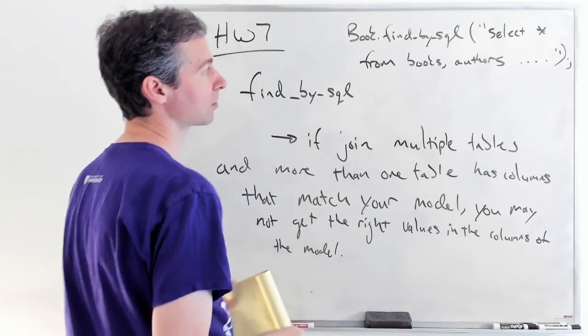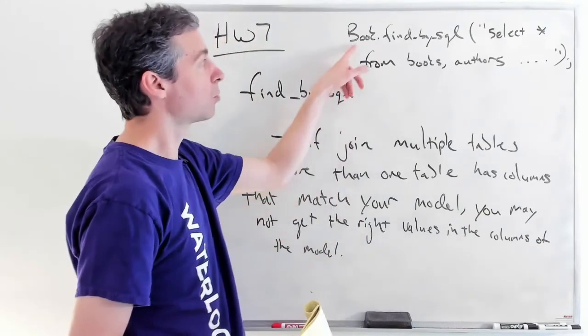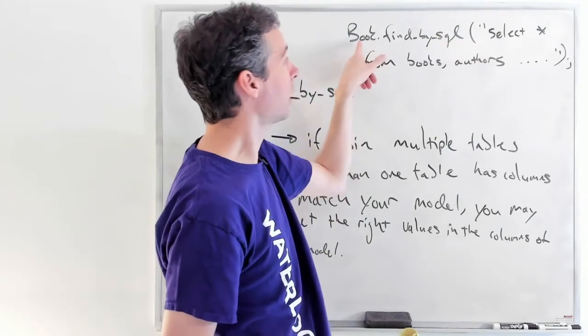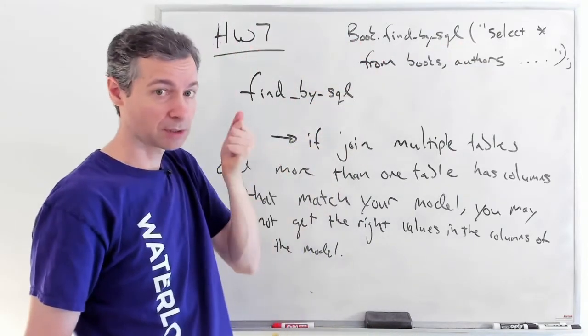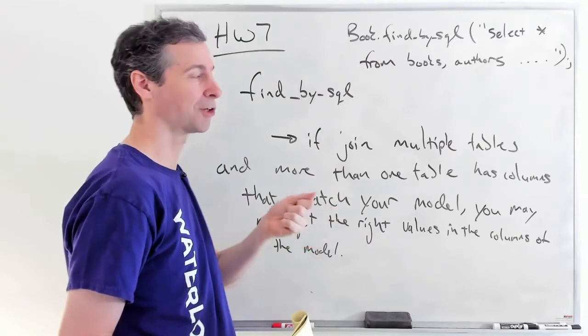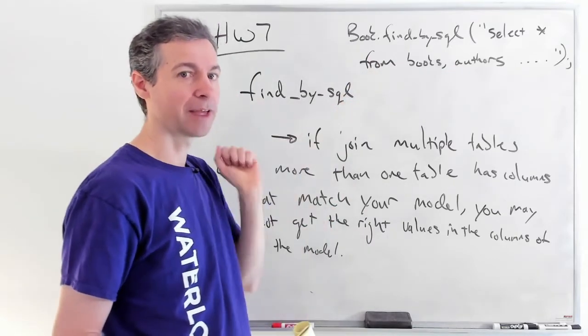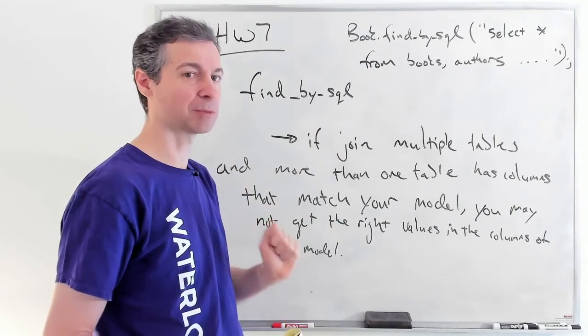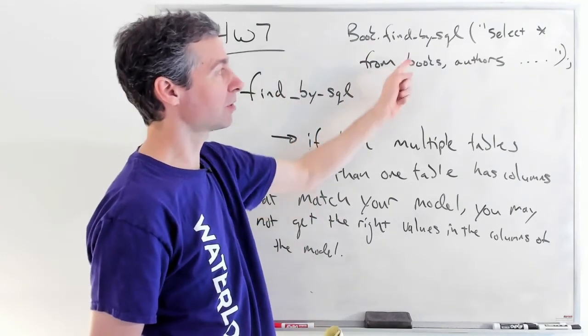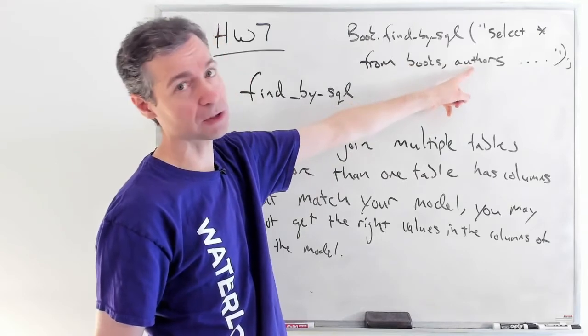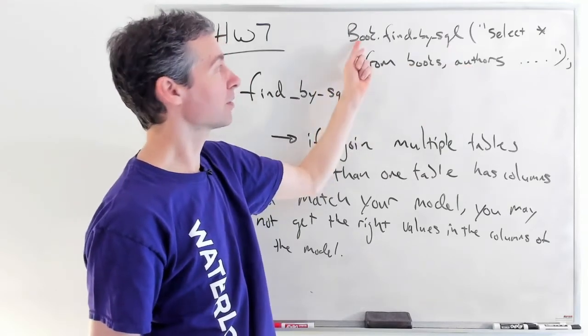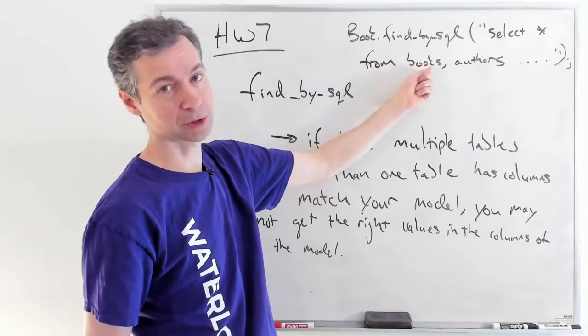So what happens here is we want book objects with book IDs, okay? But both books and authors have an ID column. And it's entirely possible that Rails, when you run this, will stick the author ID in as a book ID and not the book ID.